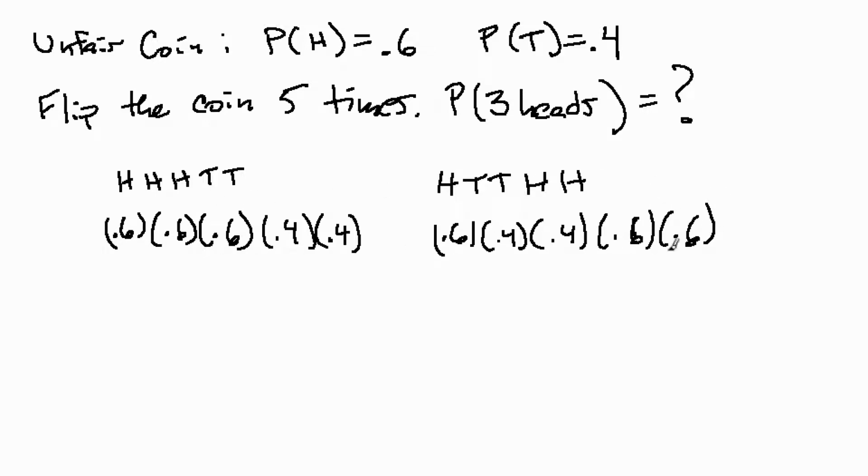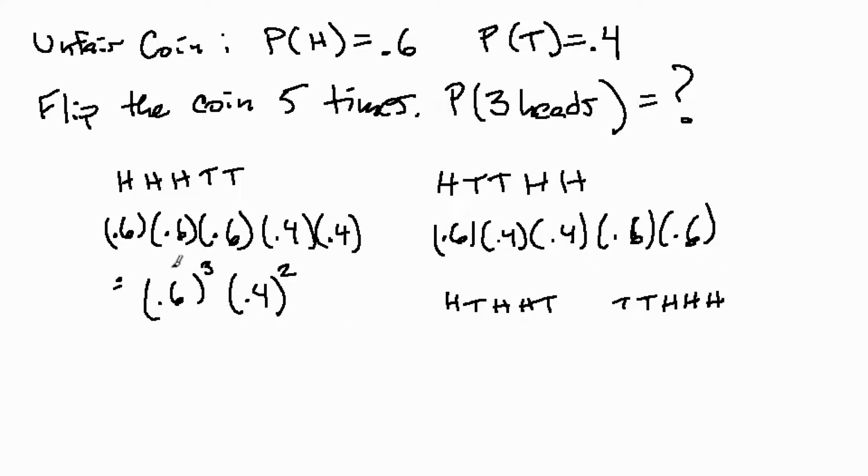Well, notice in both of these cases, it is 0.6 to the third times 0.4 squared. In other words, it's the same number here as it is here. Well, what I need to do is, here's one way to get 3 heads. Here's another way to get 3 heads. Here's another way to get 3 heads. Here's another way to get 3 heads.